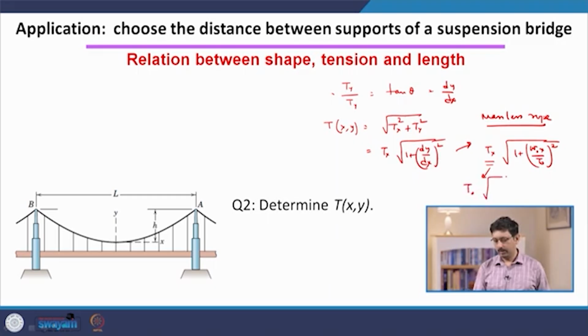So, now you have this function. Assume some value of T naught and plot this function as a function of x, and determine where this tension has the highest value.